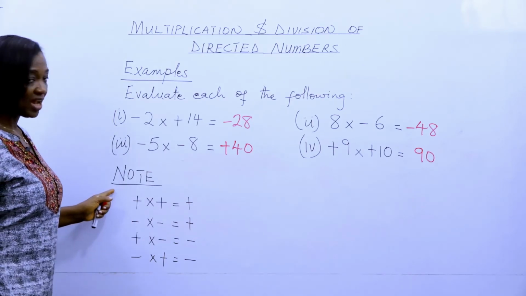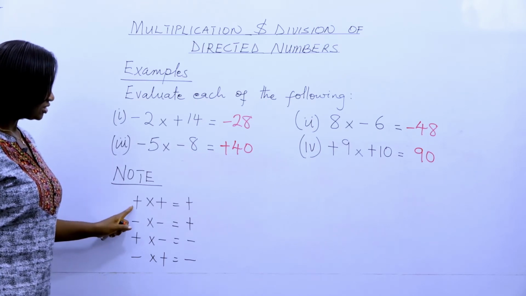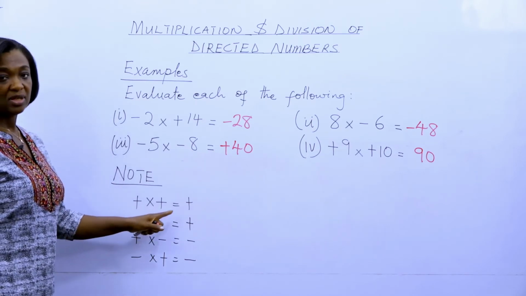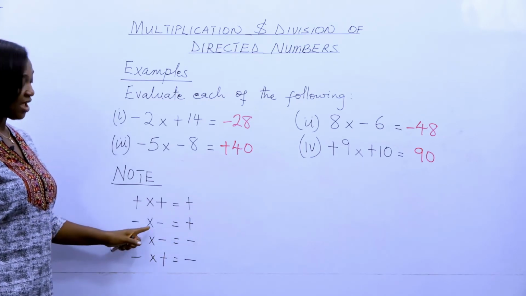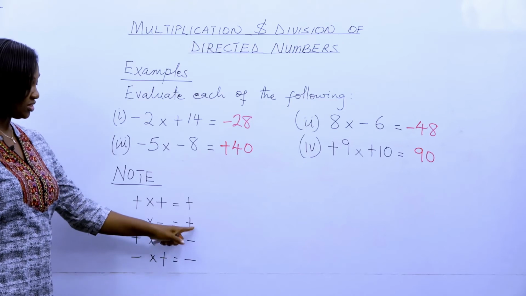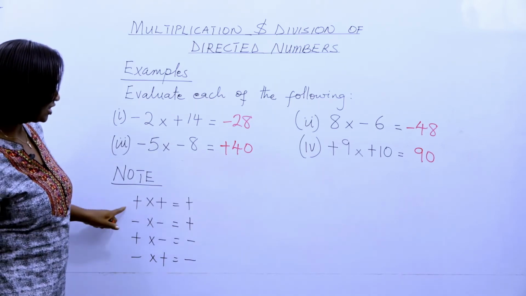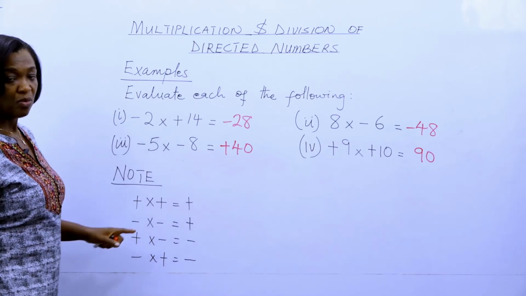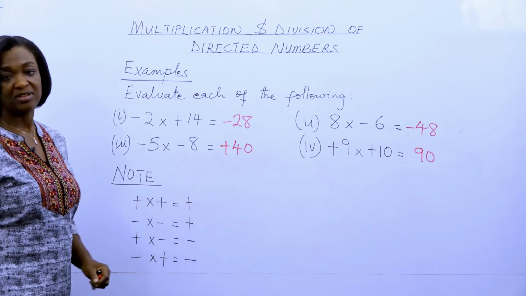Let's look at the signs then, in summary. Plus times plus is plus. Minus times minus is plus. We can see that when the two signs are the same, when they are like, then the answer is positive.